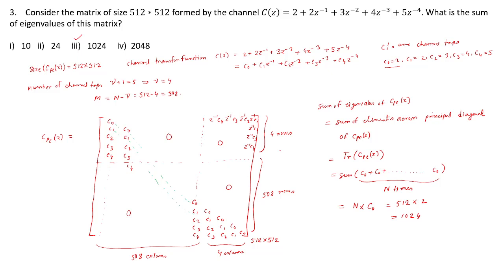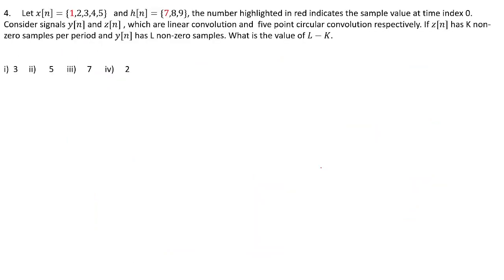With this, let us move to our fourth question. The fourth question says that xn is a sequence which has 1 2 3 4 5 elements, and hn is another sequence 7 8 9 which has 3 elements, and the number highlighted in red indicates the sample value at time index 0. This arrow notation indicates the 0th index sample.